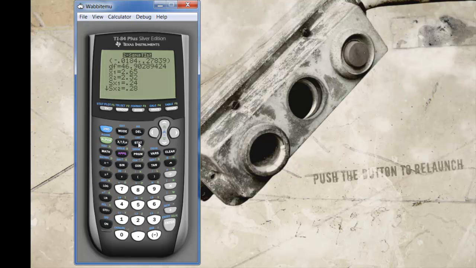Let me go back and show you where that was on the two-sample t-test. Right here. Degrees of freedom, 46.9. Round that down to 46 when you're using the t-table.